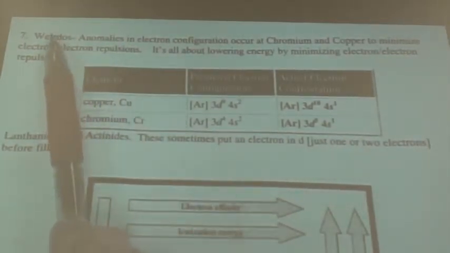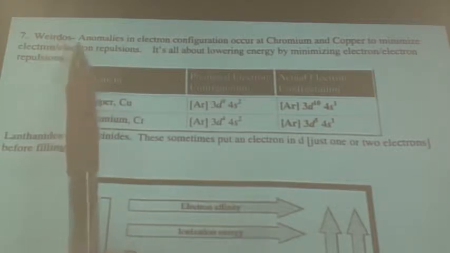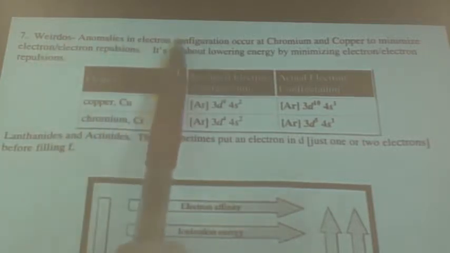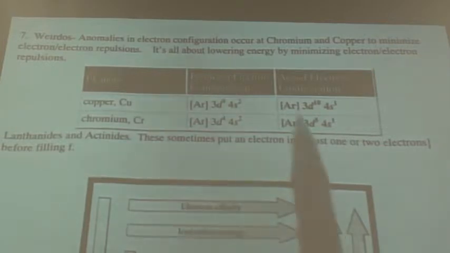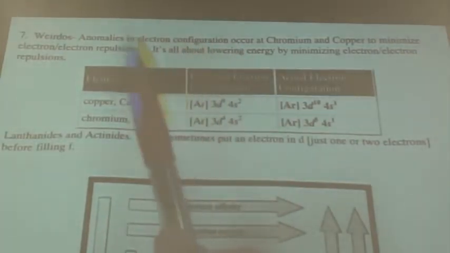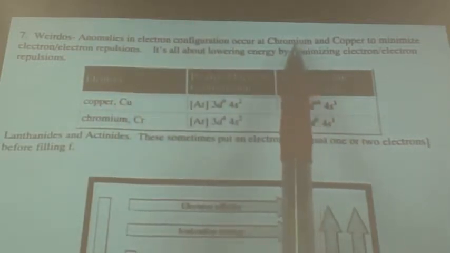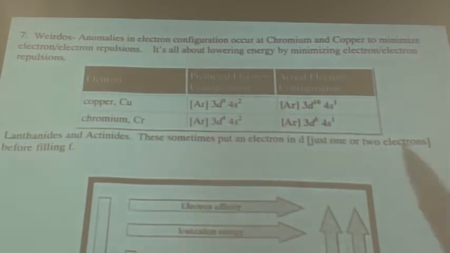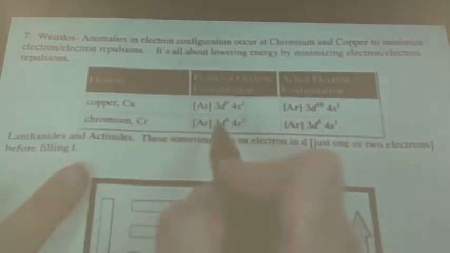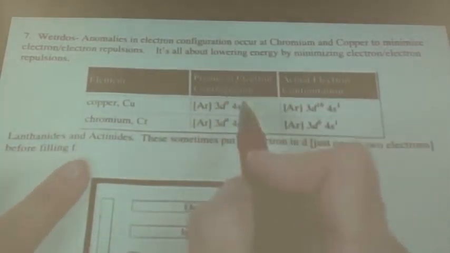Okay, we talked about electron configuration yesterday. I want you to know 2 of the more famous electron configuration anomalies, oddities, that occur. The most famous ones are chromium and copper. We talked yesterday, there's 2 ways to write an electron configuration.